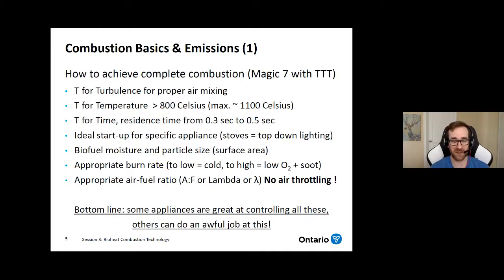But even if you have something very dry, like if you try to burn 2x4s or reclaimed lumber in a stove, you have too much surface area and your fire is just going to get way out of hand, so you won't be able to achieve complete combustion.